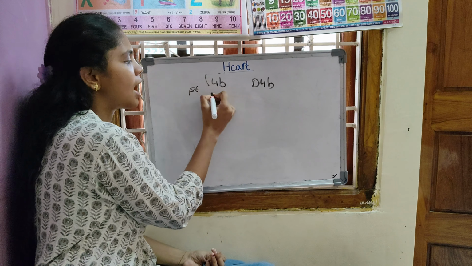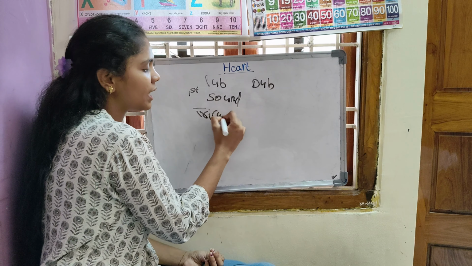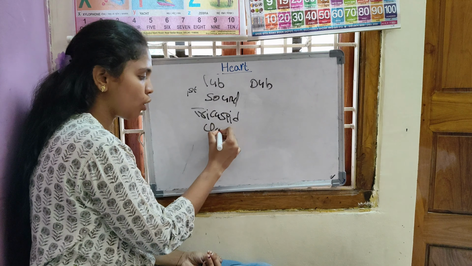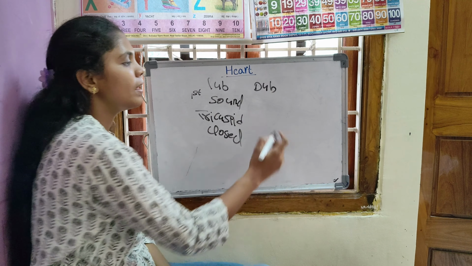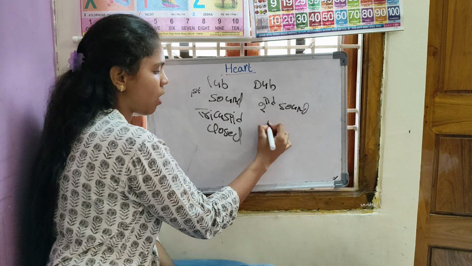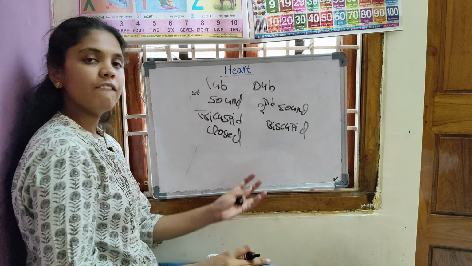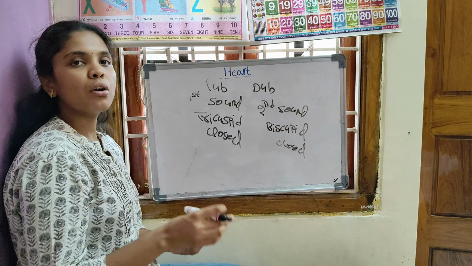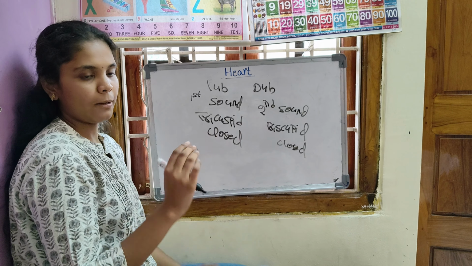The first heart sound, lub, is due to the tricuspid valve closing. And the second sound, dub, is caused by the bicuspid valve. When the bicuspid valve closes, the heart produces the second heart sound, which is called dub.